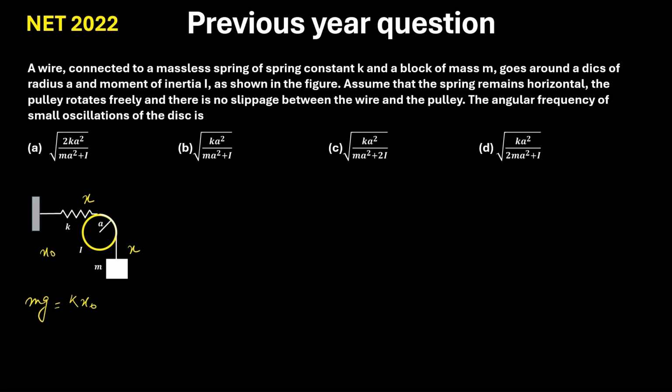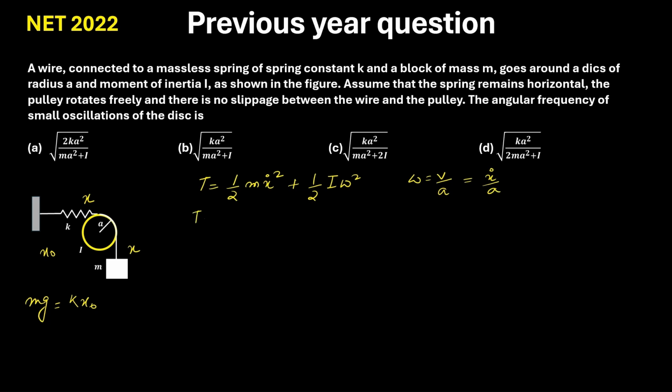Now the kinetic energy. One part will be due to the motion of the mass, so it will be half m x dot square. At the same time, we'll have one kinetic energy due to the rotational motion of the pulley, so it will be half I omega square, and we know that omega is equal to v by radius a, so this is x dot by a.